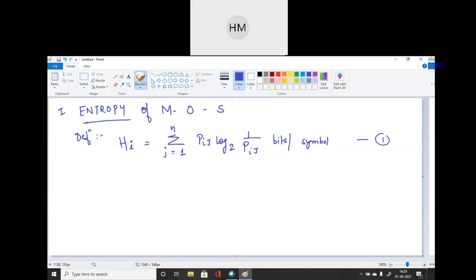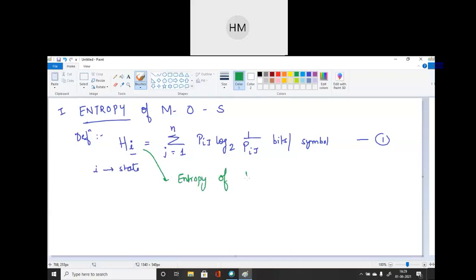See, there are 3 states. So here we are representing that state by i. So you can write down i is the state. And what is Hi? Hi is the entropy of that state. Clear?